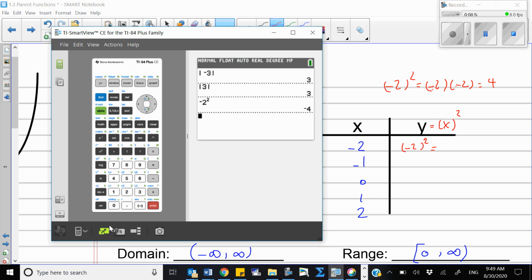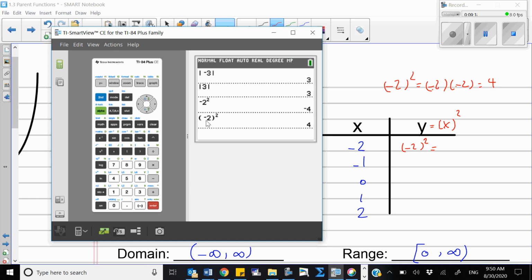It's going to give me -4, which is wrong, because (-2) squared should be equal to 4. But if I use parentheses, then put (-2) to the power of 2, the calculator is going to give me the right answer.